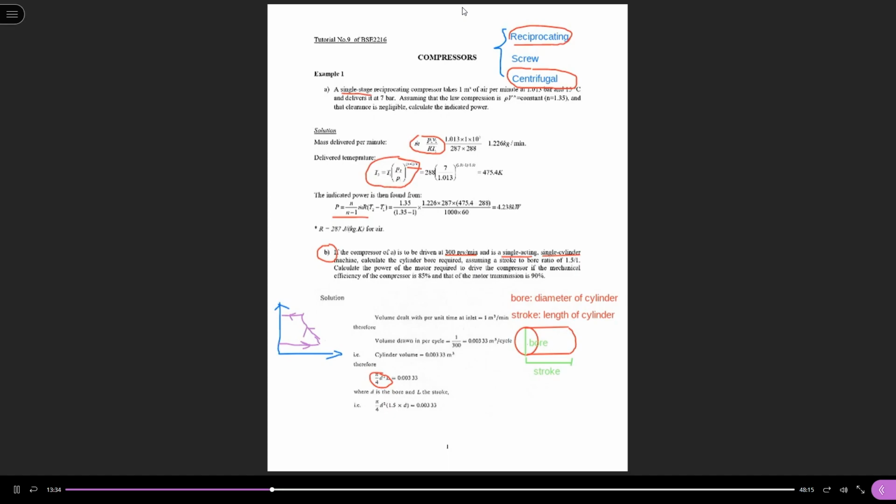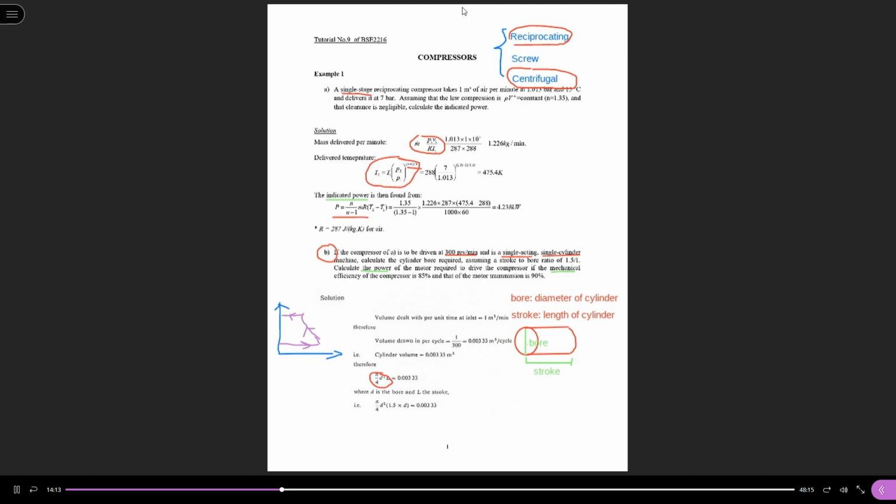Because this is the indicated power, we also need to consider the mechanical efficiency and electrical efficiency to get the actual power input. Then it's simple.